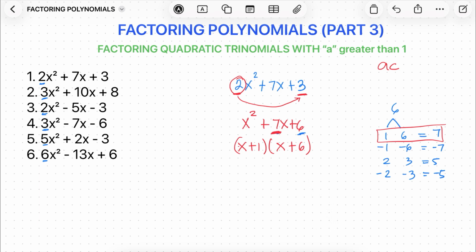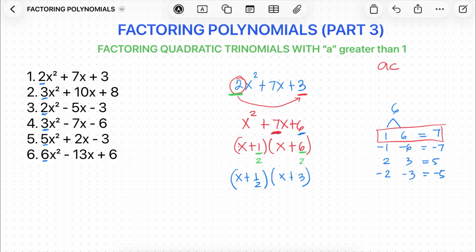But this time, do not forget the numerical coefficient of the quadratic term that we used earlier, and you're going to divide that with both the second terms here. So over 2, over 2. And then you have to simplify your answer. So this one is x plus 1/2, already simplified. And then x plus 6 over 2 is 3. Okay?